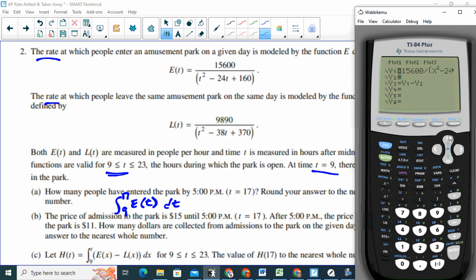We'll probably need it again. I'm going to go ahead and type in L of t under Y2. We only are integrating Y1, so Y2 graph should be turned off. And we are integrating starting at time 9 and ending at time 17.